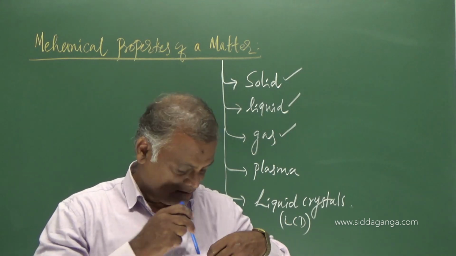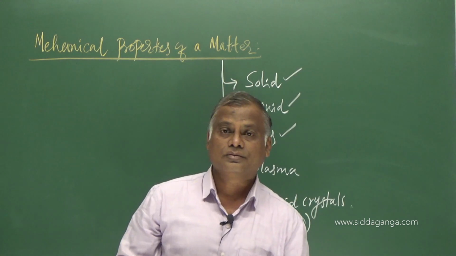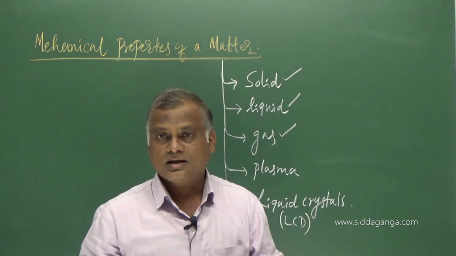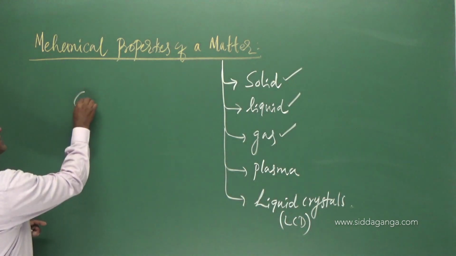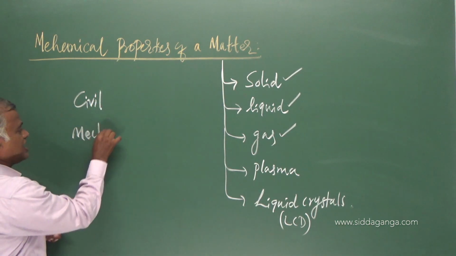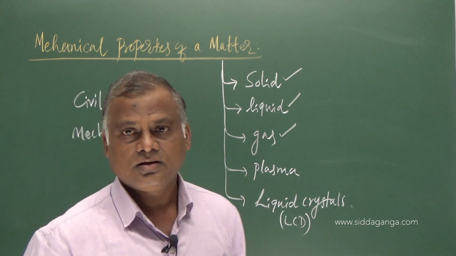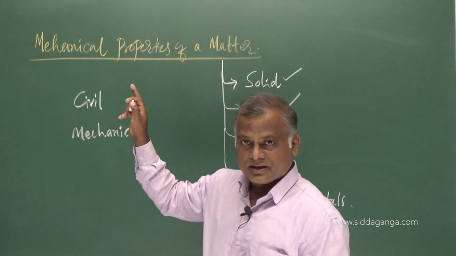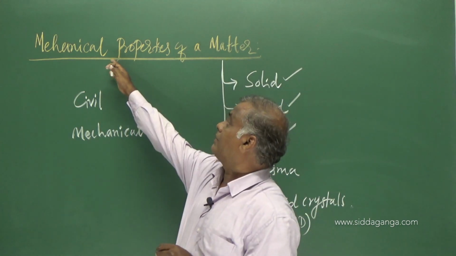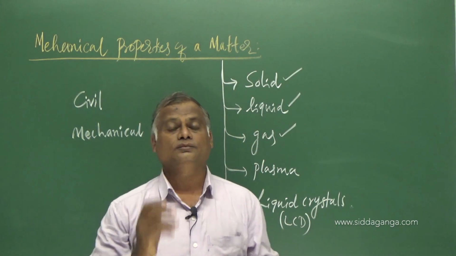If you come across construction of bridges, houses, roads, in different fields, say in the case of civil engineering and in case of mechanical engineering, this mechanical properties of matter plays a very important role.